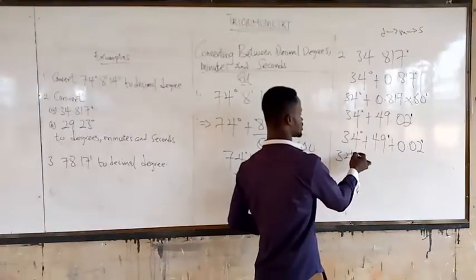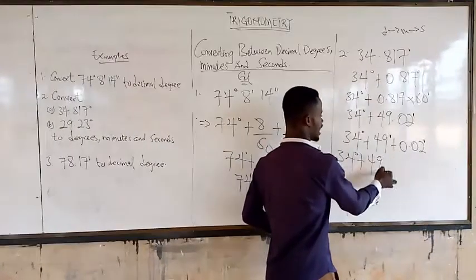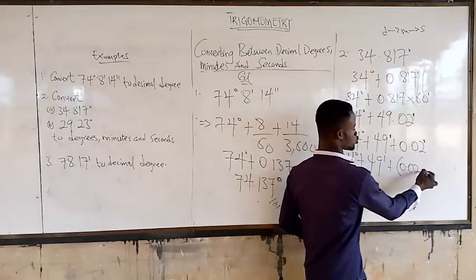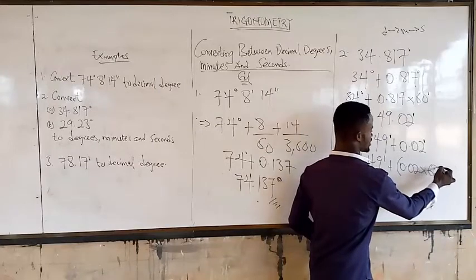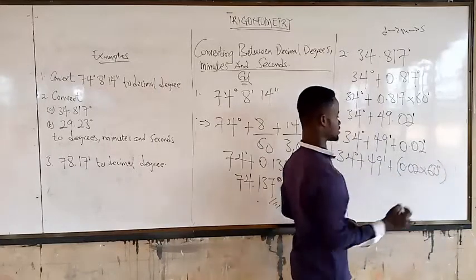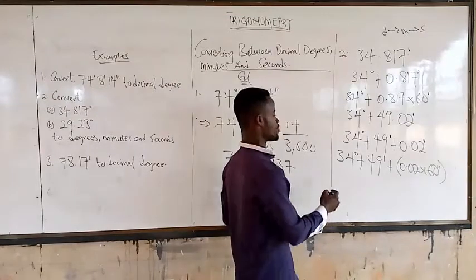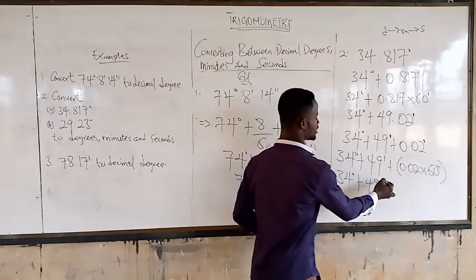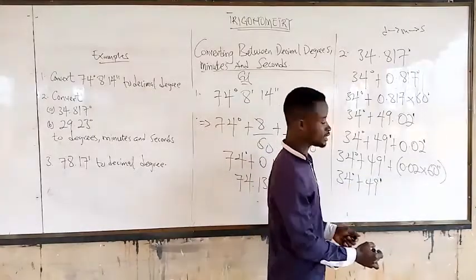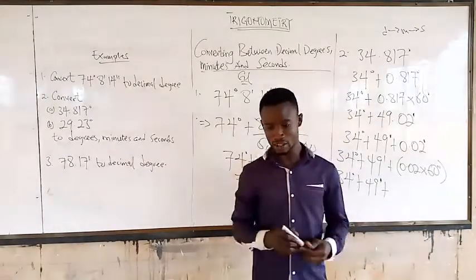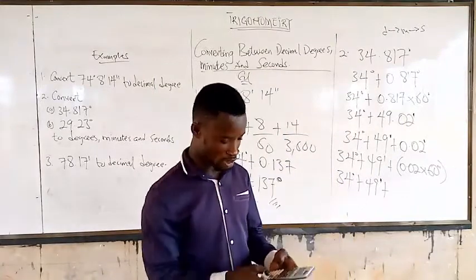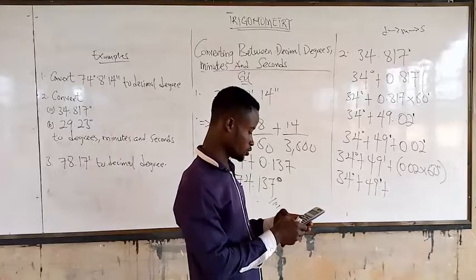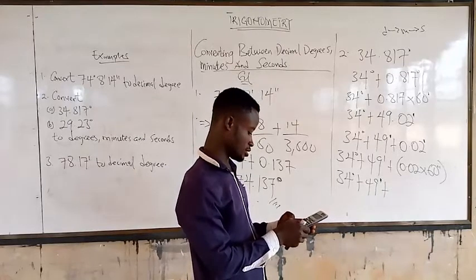So 34 degrees plus 49 minutes plus 0.02 times 60 seconds, and we are going to get 34 degrees plus 49 minutes plus, take your calculator and punch that for me, 0.02 times 60.